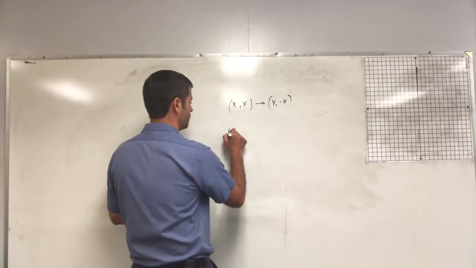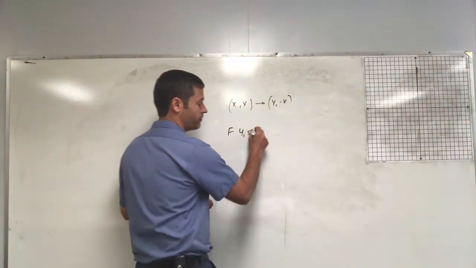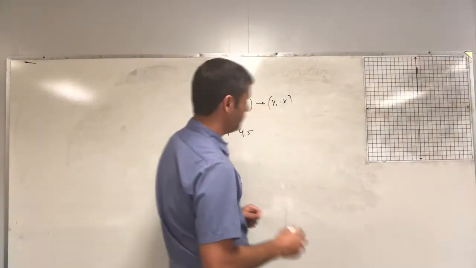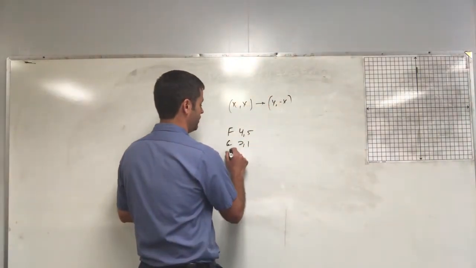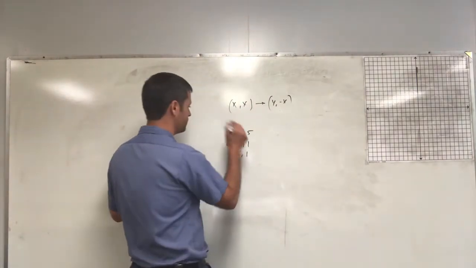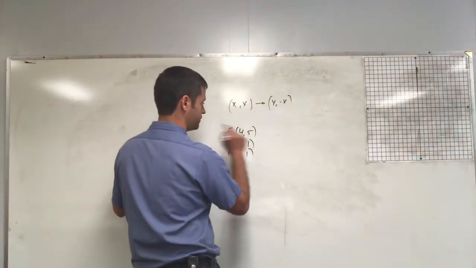Which makes sense if you look at the original list and the new list. So the original F was 4 and 5. This is listed from your book. G is 2 and 1, and H is 5 and 1. And compare those to the new answers that I just gave.